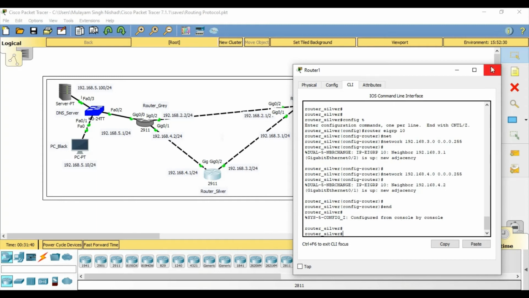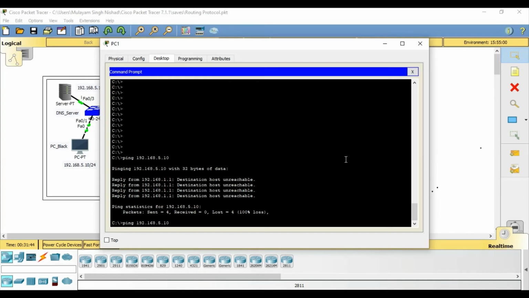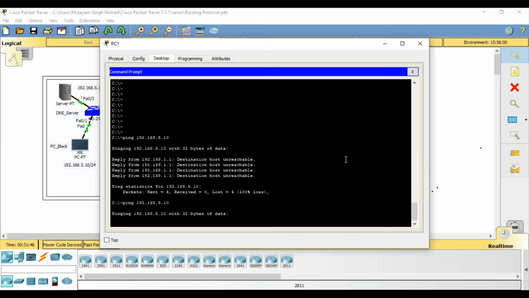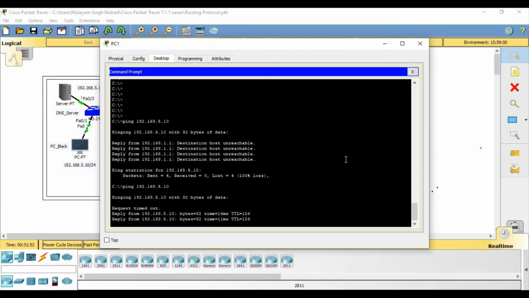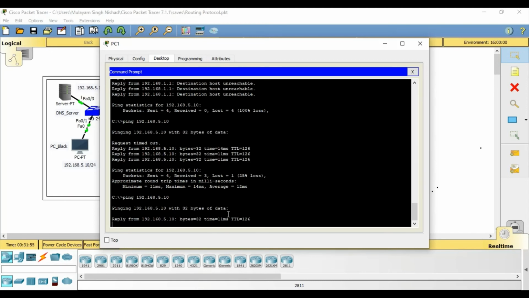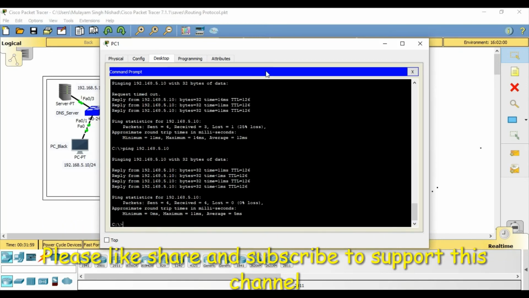Now you can ping. Let's go and ping again the same IP address. So you can see the reply from 5.10 is coming now. You can see the reply is coming. You can ping any device in the network.